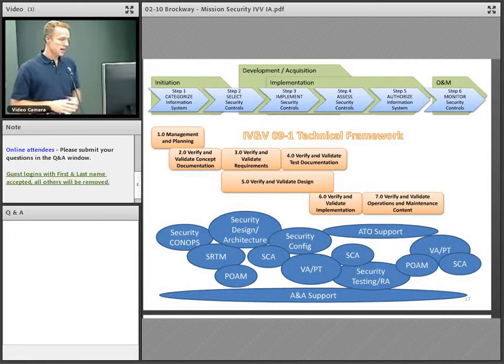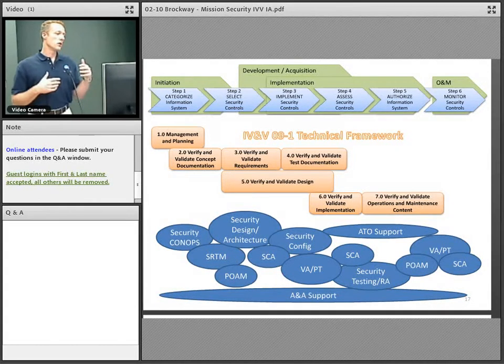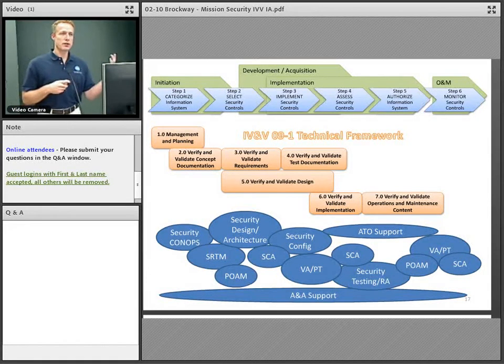Some other examples: SRTM is Security Requirements Traceability Matrix. And so depending on the scale and size of the system, even if it's an isolated system with very little connectivity, you're still going to have identified, for example, low security categorization, and therefore a handful of those security control families, their respective low security controls that must be implemented or inherited, or you're leveraging some other controls that are part of a common system.